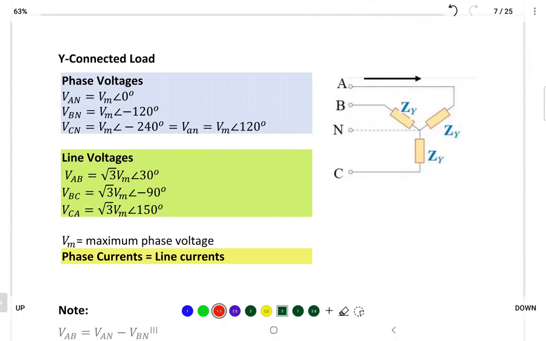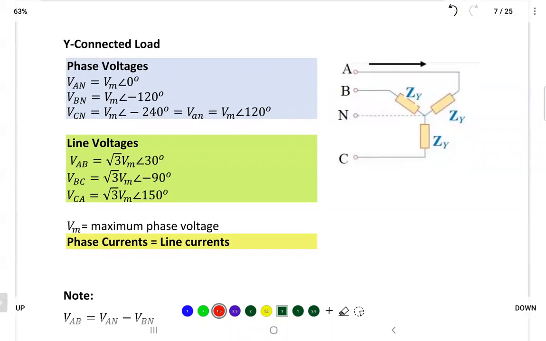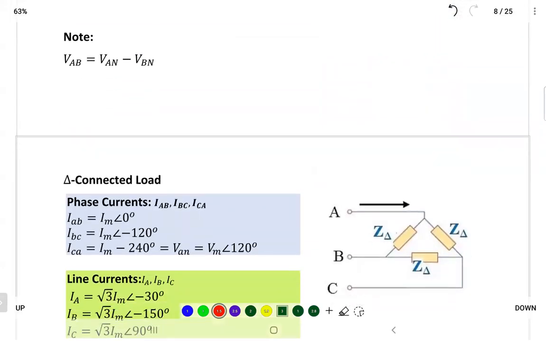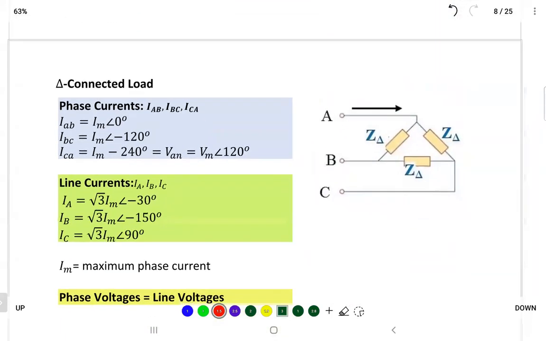Not a big difference. The only difference will happen in the angle. Leading 150, leading 30, and we do it in the star. Might be, I didn't check, maybe it's the same as the source, but delta, I'm sure it's different. When I did it, I proved it, I found the angles are different, but still the same rule.